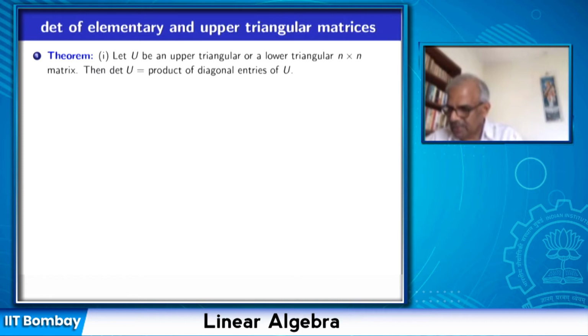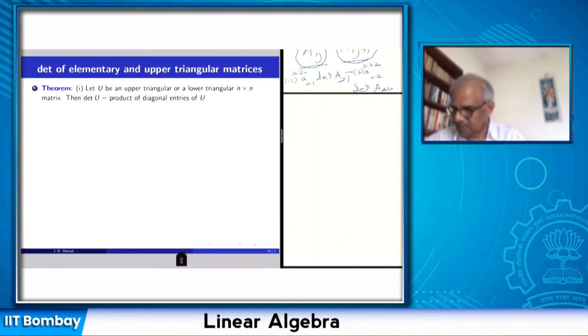So let U be an upper triangular or a lower triangular n by n matrix. Then I want to show the determinant is the product of diagonal entries. So I have an upper triangular matrix. Let's look at this matrix: A, B, C, D, E, F. So these entries are 0, these entries are 0, and I have an upper triangular matrix.